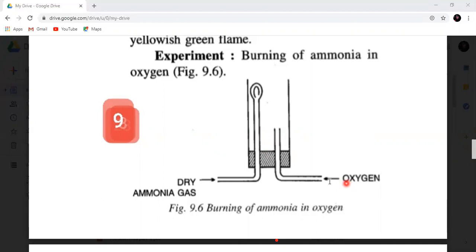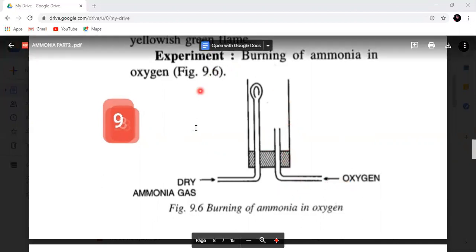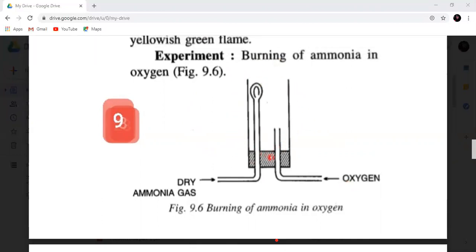The nitrogen gas and the water vapors are the points to consider. The reaction is irreversible and the whole reaction is exothermic in nature. As it is exothermic in nature, it can be explosive and dangerous. That's why while doing that, we have to take very many precautions.